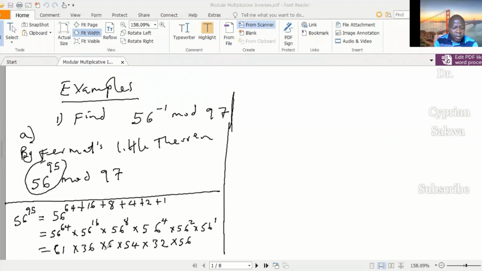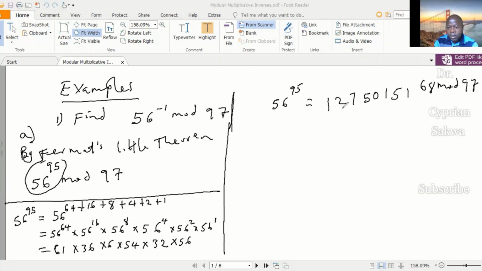So when you multiply this with a calculator, and remember it's mod 97, you find that 56 raised to 95, when you multiply 61 times 36 times 6 times 54 times 32 times 56, using my calculator I'm getting 127,501,516,8 mod 97.